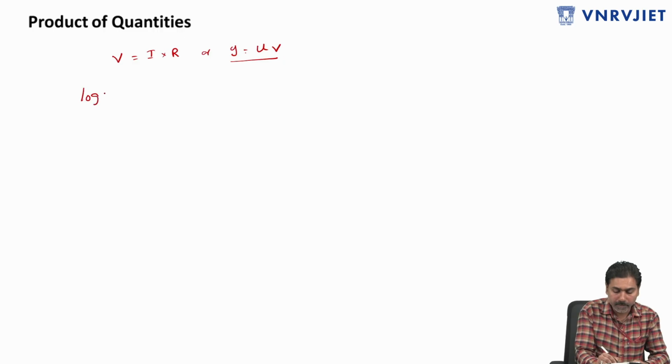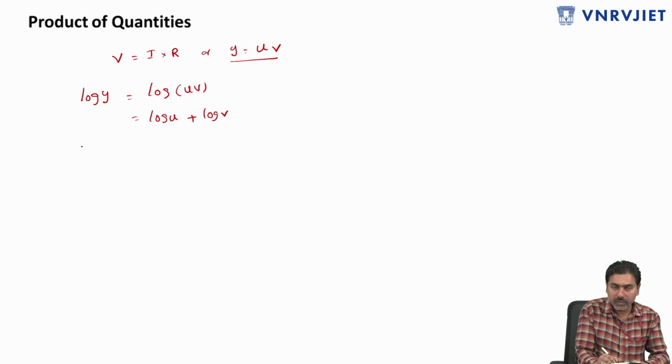Therefore, log Y is equal to log of UV. This log of UV can be written as log U plus log V.